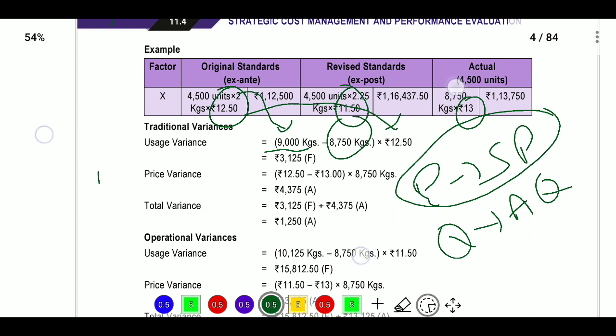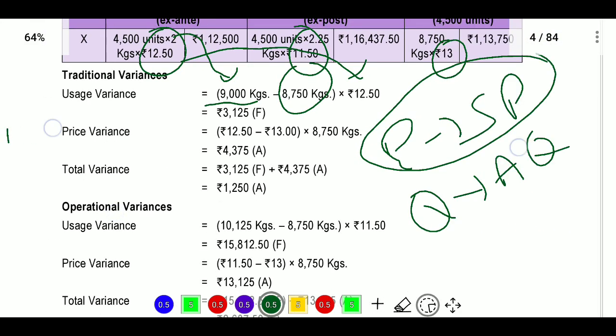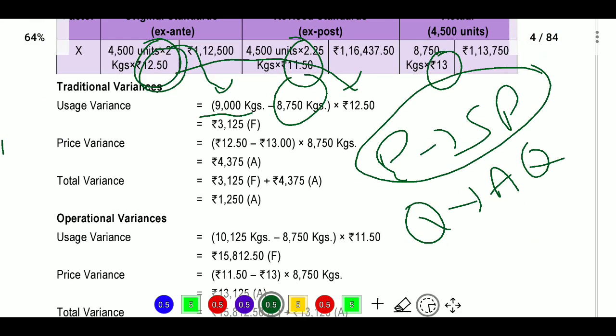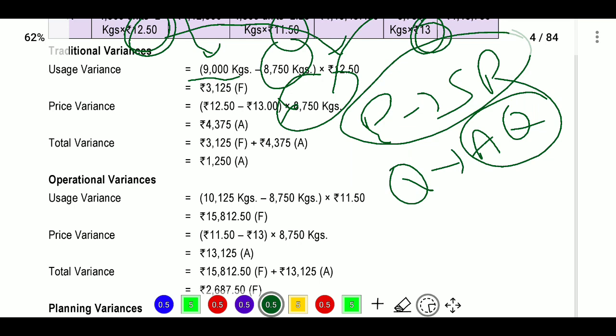Next, here we will see the price variance. For price variance, it is the difference between standard price and actual price, into quantity. Which quantity will we take? Actual quantity. Quantity means always the actual quantity. Next, the total variance: it is either favorable or adverse.